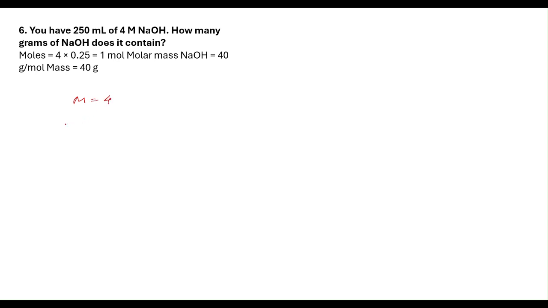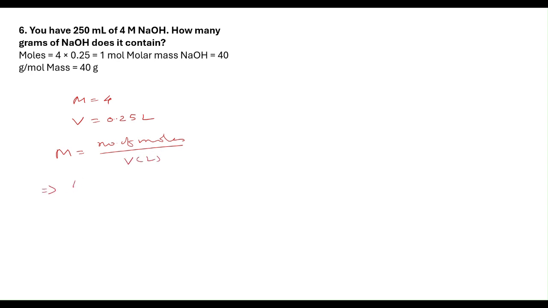We have volume, which is 0.25 liter, and what do we want to know? Mass, how much amount is needed. So we'll go by the rule: molarity is number of moles over volume in liter. So we can calculate number of moles.